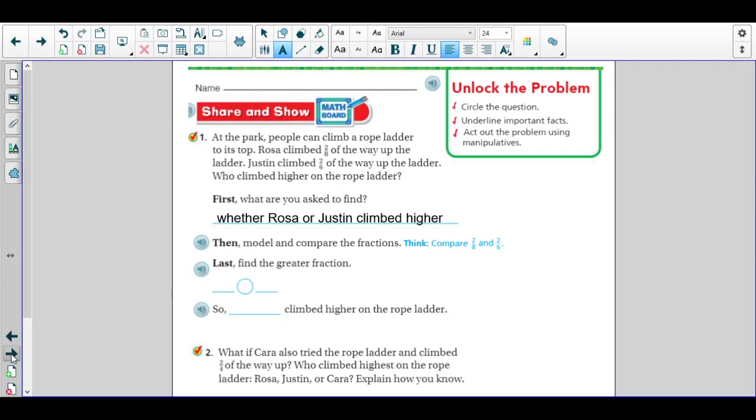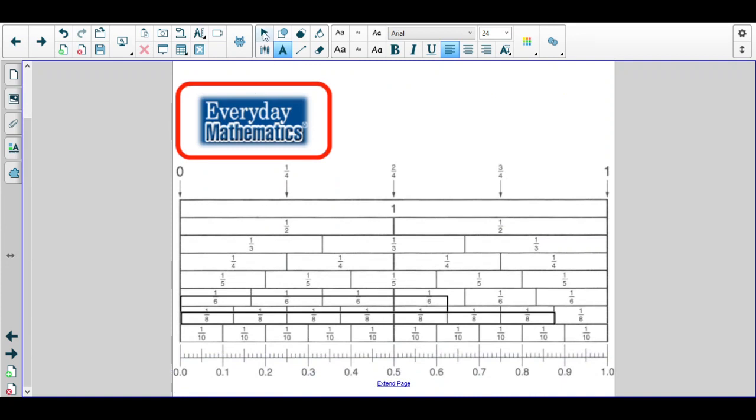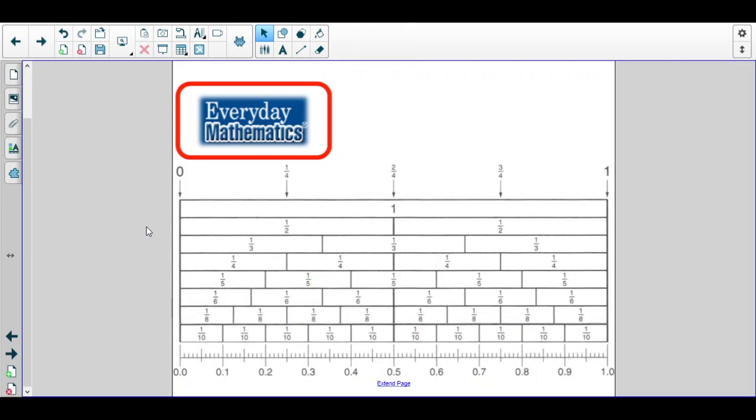All right, so how are we going to do that? Well, I'm going to tell you. We're going to come right back here and use this thing. So we had 2/6. So there's 1 and 2. We'll get that thing filled in.